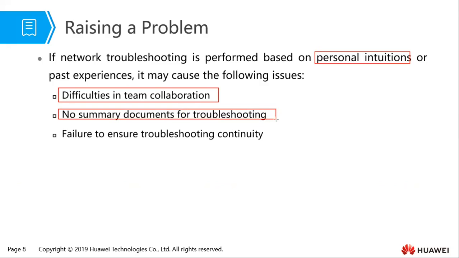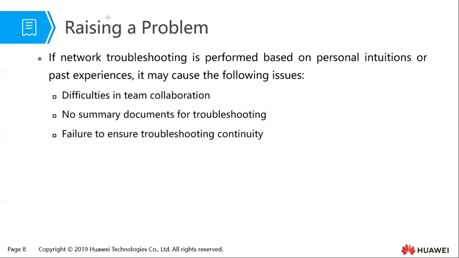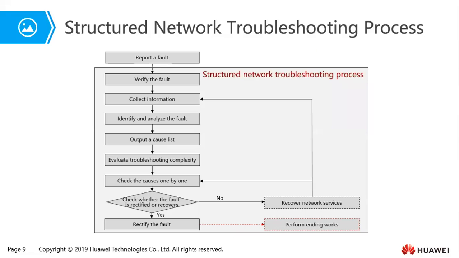So really you don't have a summary document for that. And also this might not help us to troubleshoot further on later stages. So those are some of the problems with doing network troubleshooting based on personal intuitions or past experiences.